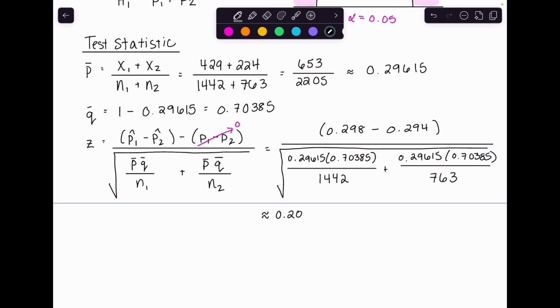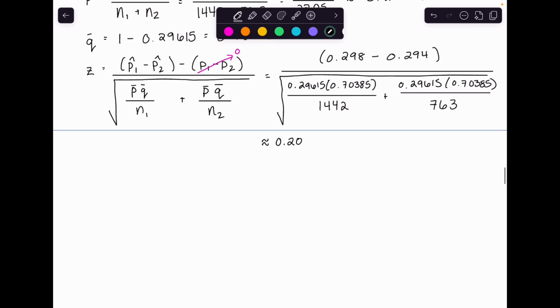Okay. So we can use p-values, we can use critical values. Again, it doesn't matter. I think in this instance, p-values are a little bit simpler. But what I want to figure out, if here is my test statistic of 0.20, I want to know what is this area here.